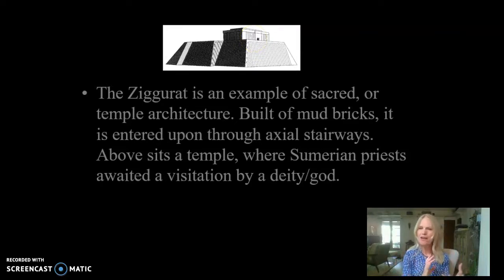We're going to be talking about height from this point forward all the way to the end of our unit with Gothic Europe. The idea of building something tall, large, reaching to the heavens, right? The idea of connecting to the divine, to heaven. That's a very ancient world approach to religion.